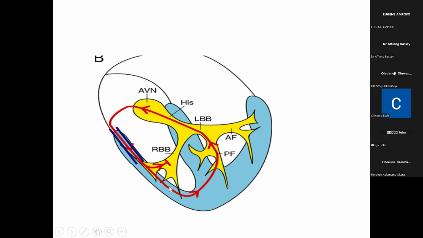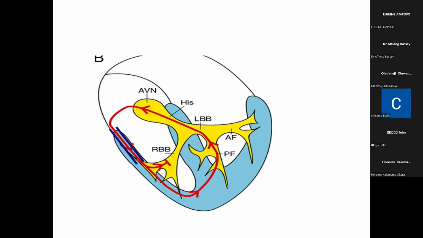But because there's a very fast tract that is taking the impulse back to the atrium, it will quickly get the electrical activity to the atrium and depolarize the atrium at the same time when your normal conducting tissue is depolarizing the ventricle. So that tells you the nature of that aberrant tract, because it's a very fast tract that takes the electrical impulse back to the atrium.